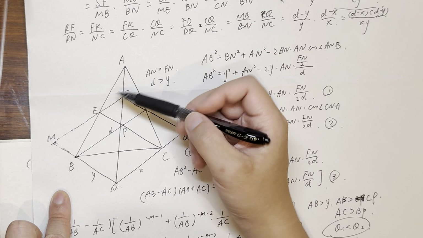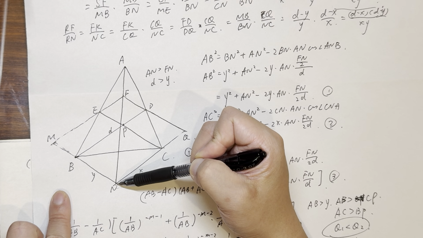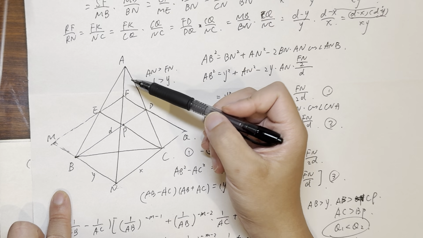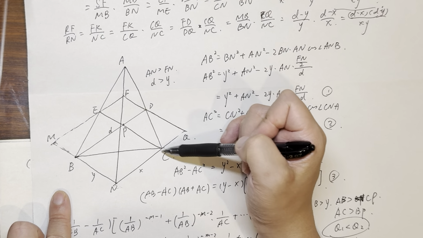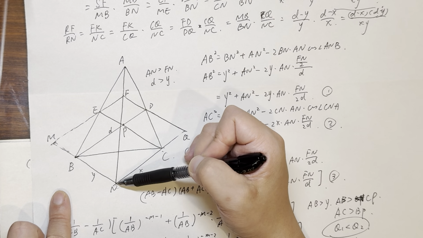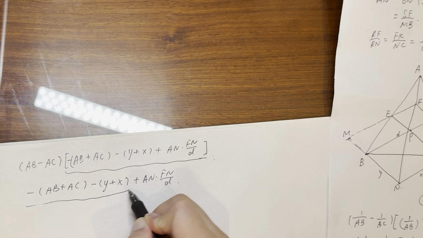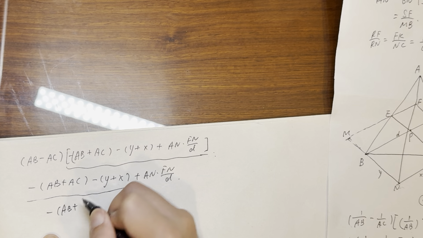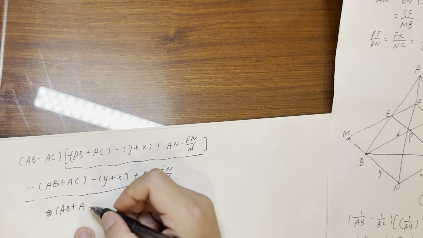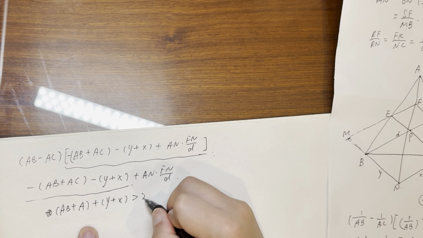AB plus y is larger than an, right? AB plus y is larger than an. Also, AC plus x is larger than an, which means AB plus AC plus y plus x is larger than 2an.